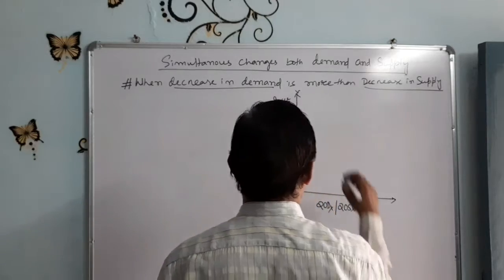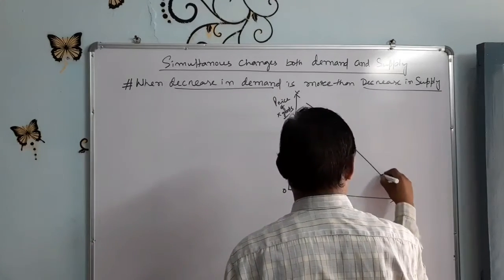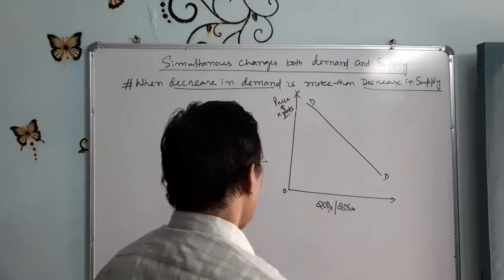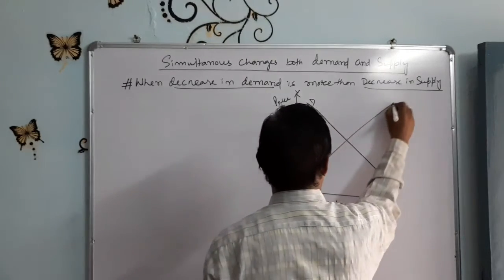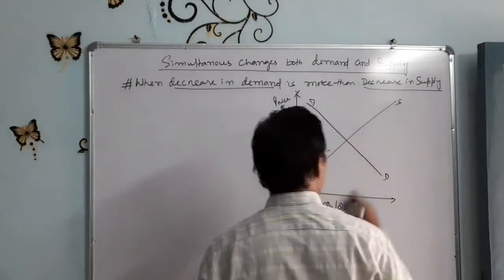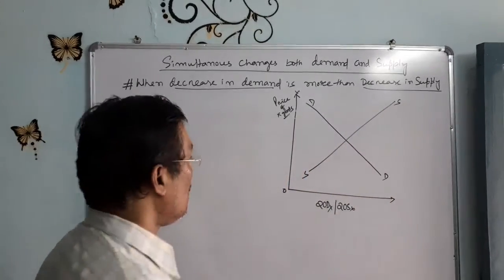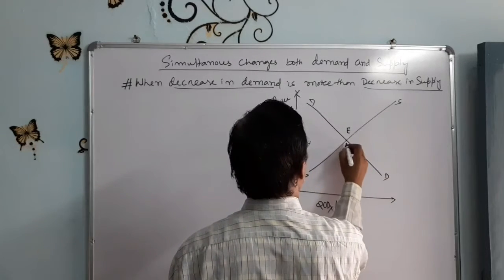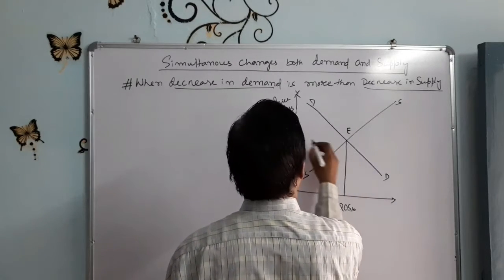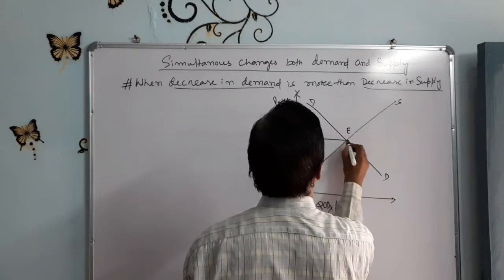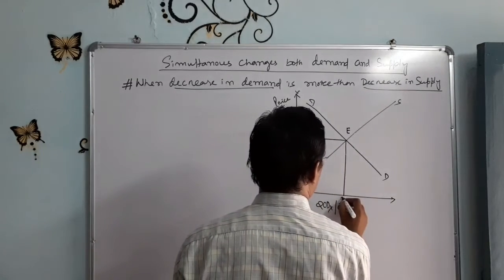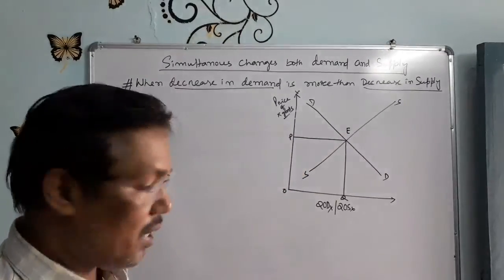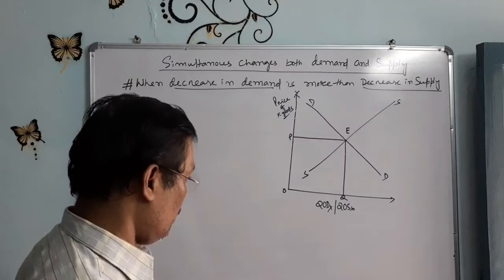DD is the demand curve and SS is the supply curve. E is the equilibrium point. OP is the equilibrium price and OQ is the equilibrium quantity. This is the condition we have already known.